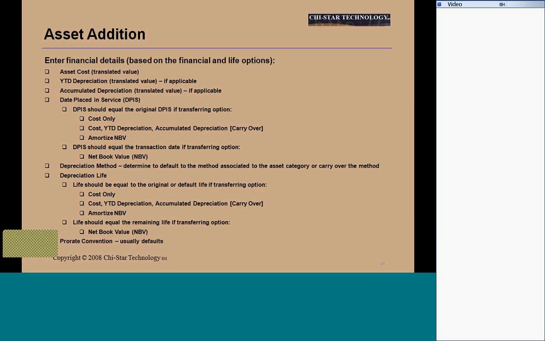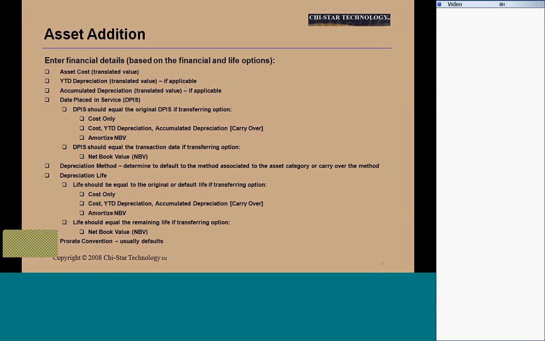If I am doing a carryover, which is the cost, year-to-date, accumulated depreciation, or if I am doing the amortized net book value, my date placed in service must be equal to the original date placed in service of that asset. If I am bringing this asset over financially at net book value, my date placed in service should be equal to the transaction date of that transfer.